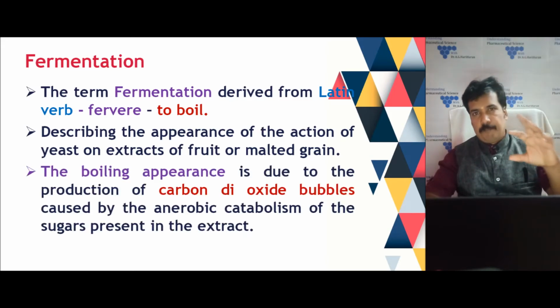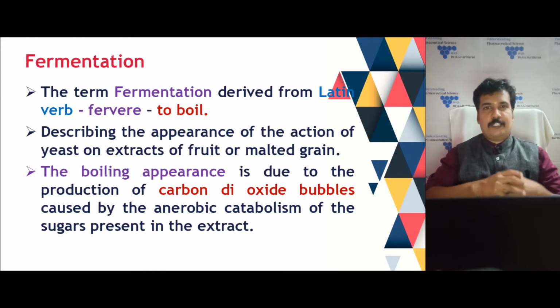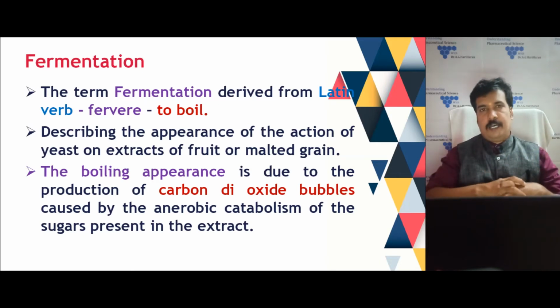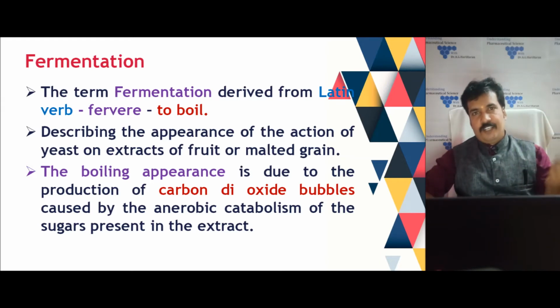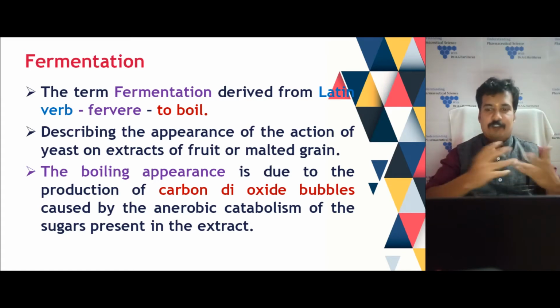This is because of the release of carbon dioxide bubbles in the anaerobic condition of alcohol fermentation. While the yeast consumes the glucose in anaerobic condition, it forms a highly reduced product called ethanol and an oxidized product called carbon dioxide. This carbon dioxide gets evolved and looks like boiling. That's why it is called fervere, meaning fermentation.